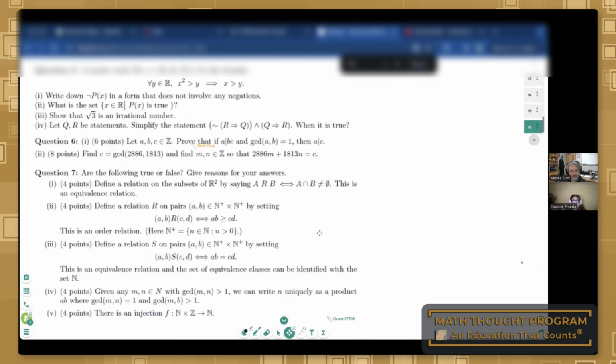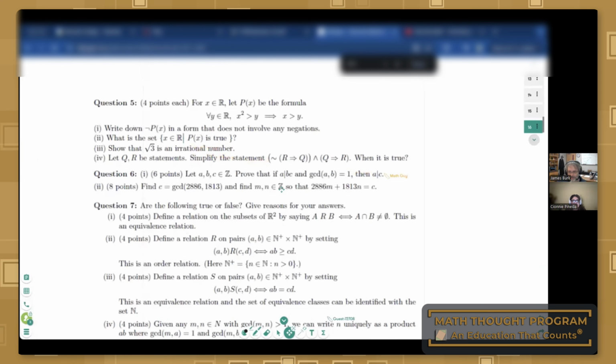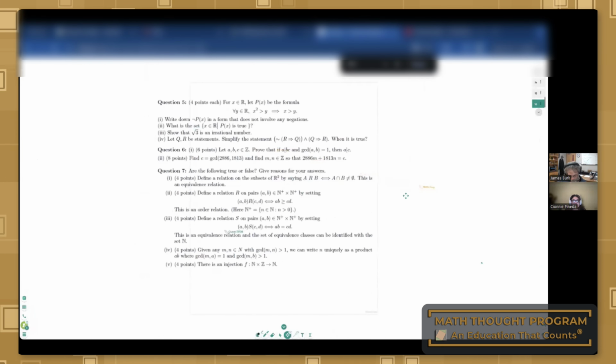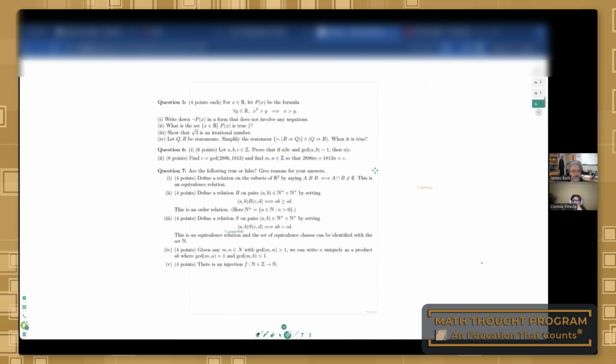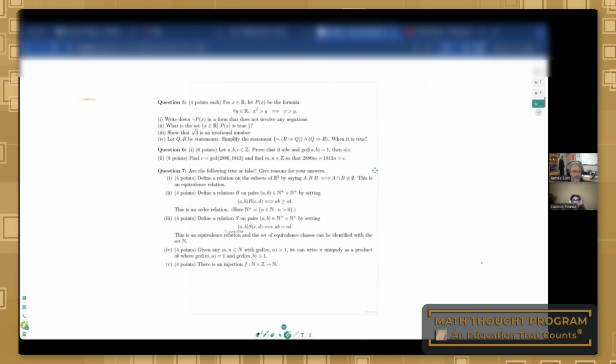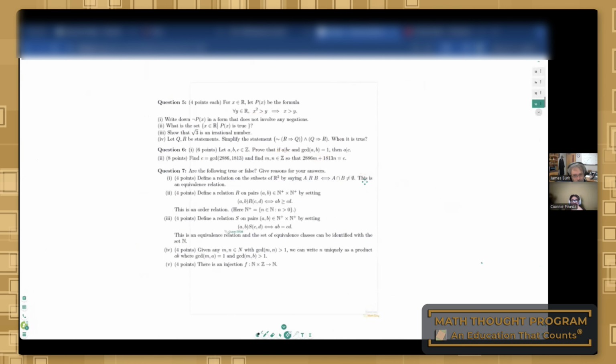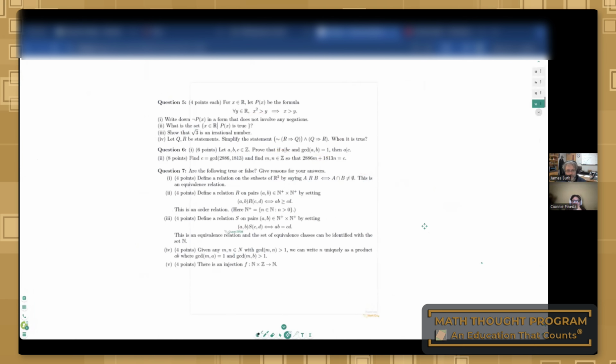You might need to zoom out in your browser so you can see everything. If you hold the control key and hit the minus key. Okay, perfect. So you said you're okay with question 6, correct?